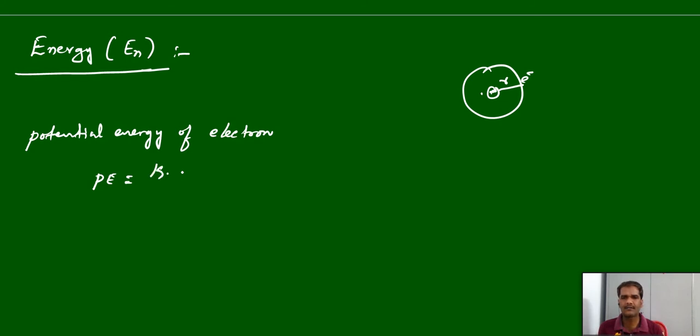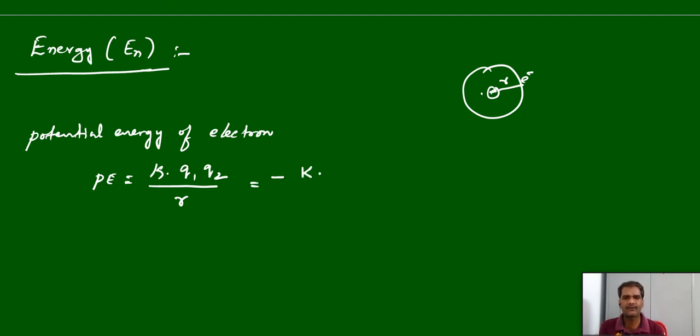We know that K Q1 Q2 by R. This is the formula. But in case of potential energy, if there is an attractive force, we take the sign negative. If it is a repulsive force, we take a positive sign. Here there is an attractive force between the electron and the nucleus. Nucleus means positive charge, so there is an attractive force. Then we take the sign negative.